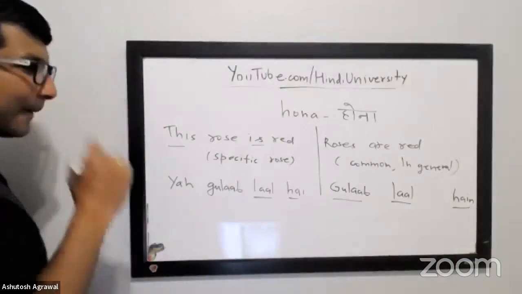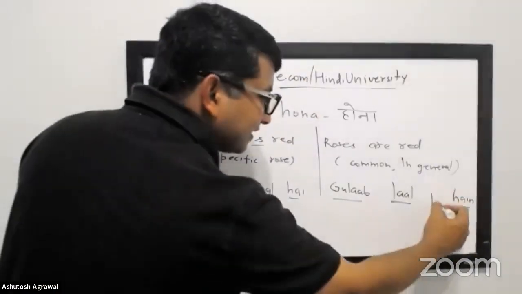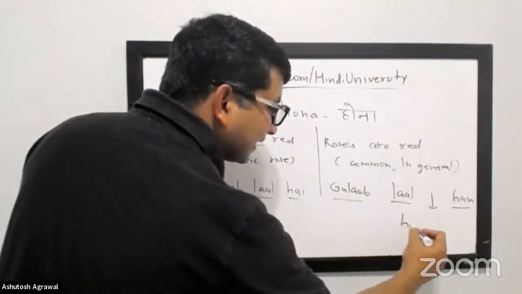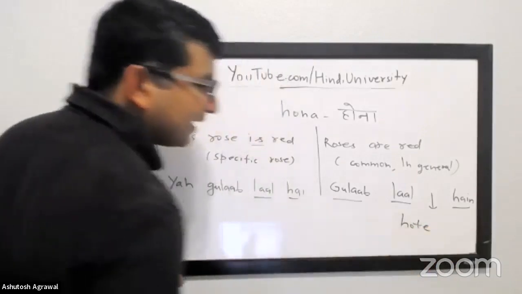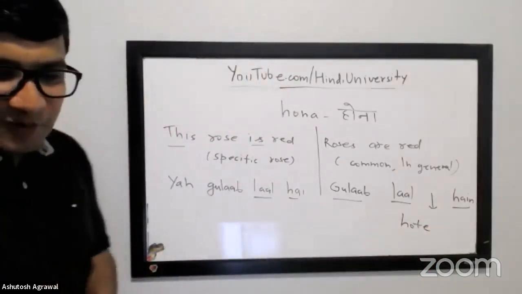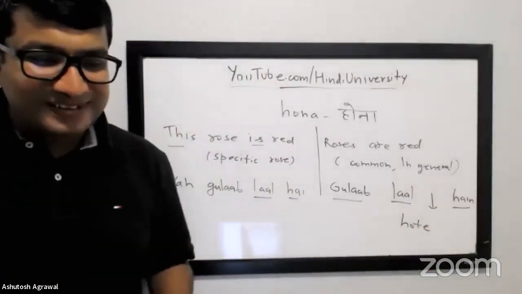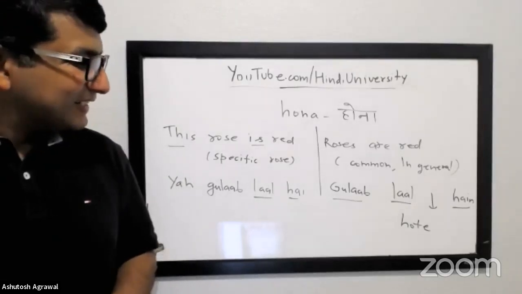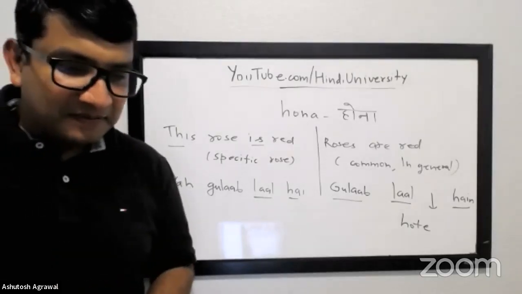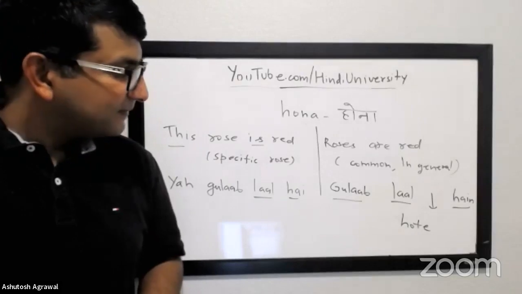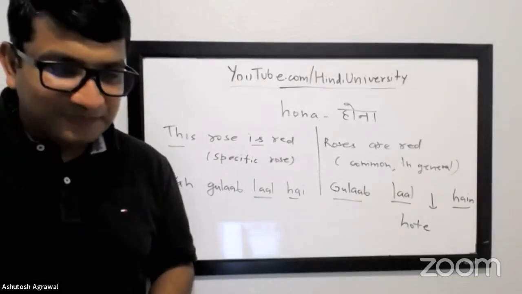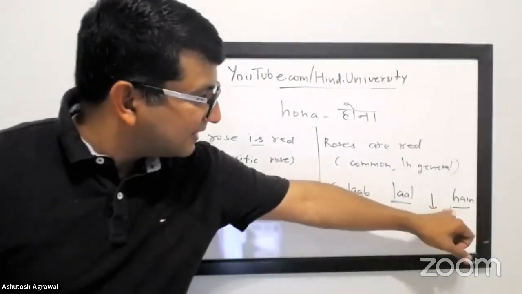What changed? There's something you said here, and you said hote hain. What was your thought process? To put in the word are, also, because the hai at the end is not the are as a verb.